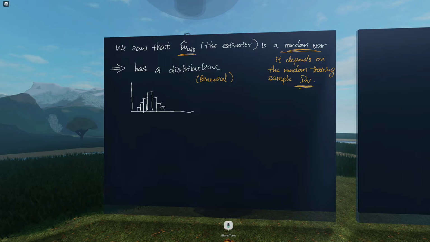And by the theorem that says that when the number of binomial trials becomes larger and larger, the binomial distribution gets approximated by the normal distribution very well.